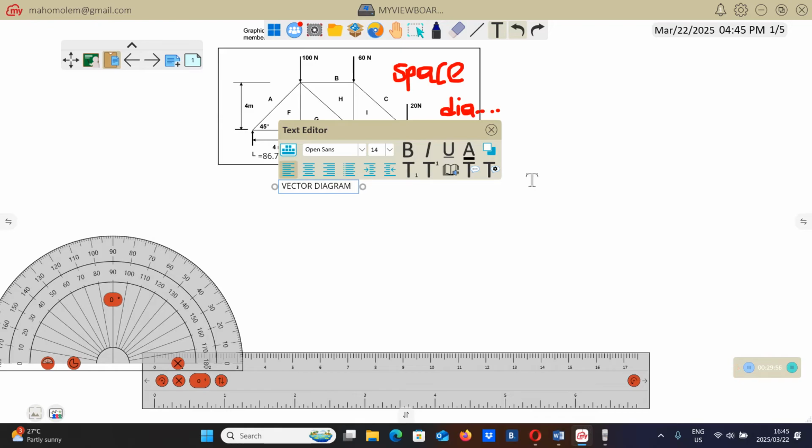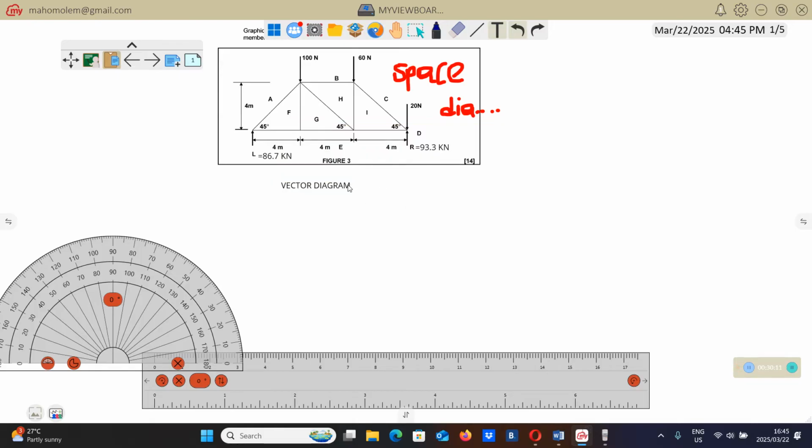We determine the magnitude each member will carry. There are other methods that you can use, but for our syllabus we use the graphical method, which is this vector diagram that I'm going to draw now.